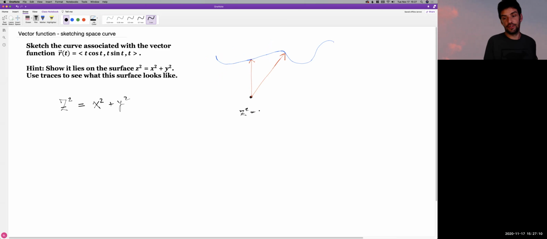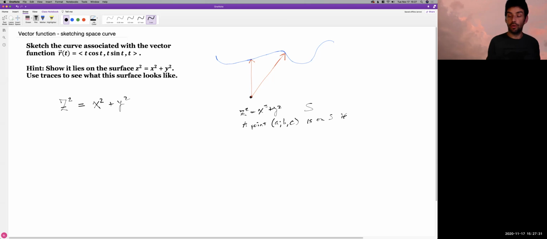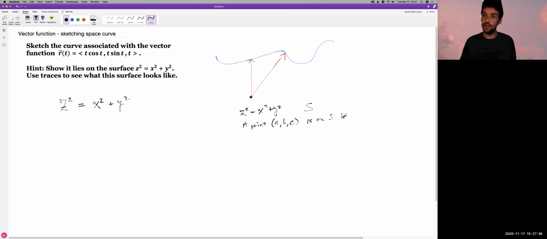I've got this surface z squared equals x squared plus y squared, so I'll call it the surface S. A point a, b, c is on S if, just like the way we know that a point is on a curve, it satisfies the equation associated with that curve, if the numbers a, b, and c make this equation true.